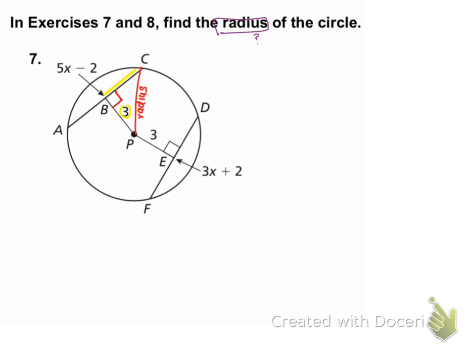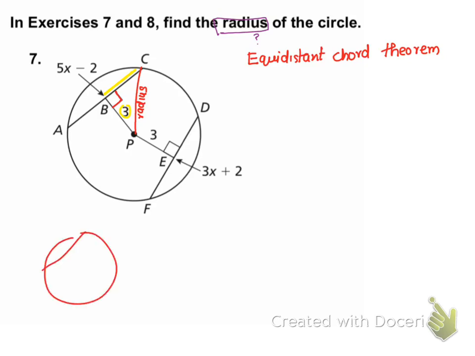But when I look at one of my theorems, that is called the equidistant chord theorem, from this section, that says that if chords are equidistant from the center, then the chords are going to be congruent, or if two chords are congruent, then they're going to be equidistant.